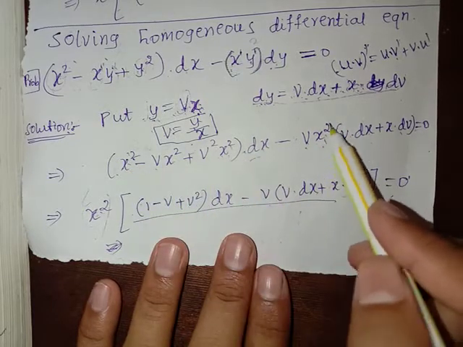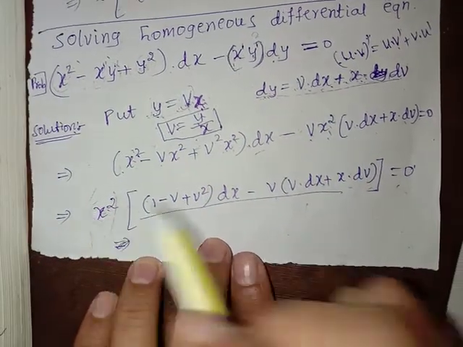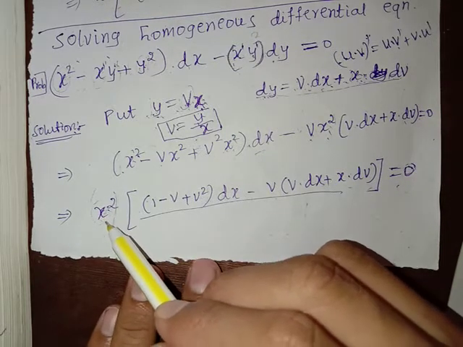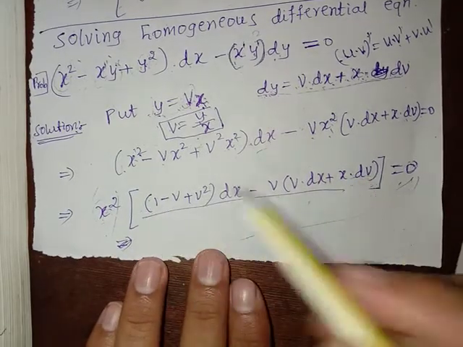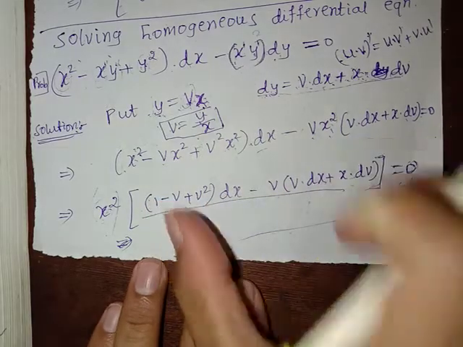Now x square is common in all terms. If we take x square common, and after the equation we can see 0. So if we shift this x square to the other side, this term becomes 0.